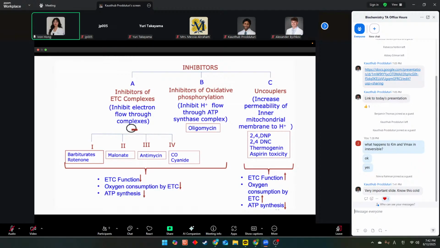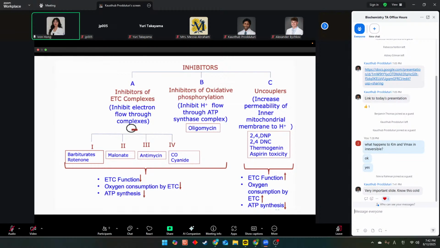It keeps running and you keep using O2 because eventually the electrons get to oxygen and it accepts them. So your O2 consumption is high. The issue is that because we've increased the permeability, we don't get that proton gradient, we can't shunt it through ATP synthase. So you just accumulate all this energy, and it has nowhere to go. It ends up getting released as heat, and then your body temperature increases.